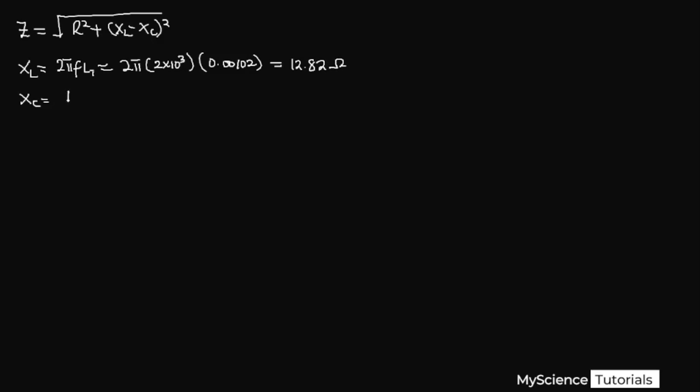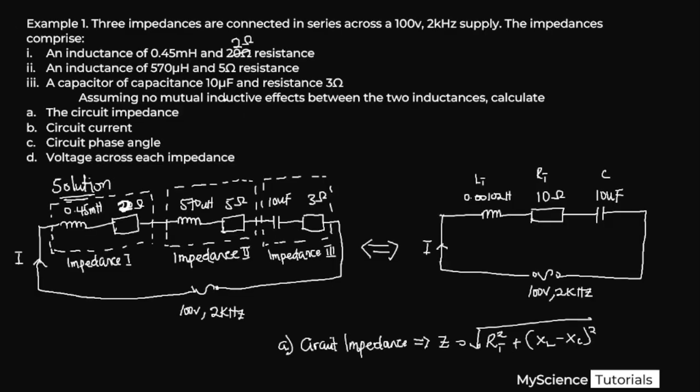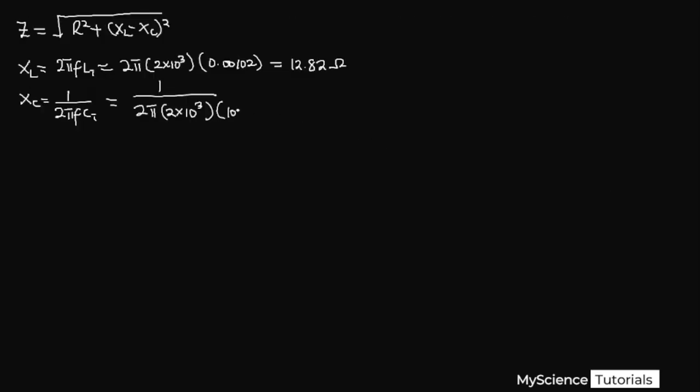Now, the second thing we need to find is our capacitive reactance. Our capacitive reactance is given mathematically as 1 over 2 pi FC, or C total, since we are dealing with multiple impedances. So this is equal to 1 over 2 pi, our frequency is still the same, 2 times 10 raised to the power 3, multiplied by our C total, which is 10 microfarad, so 10 times 10 raised to the power negative 6.